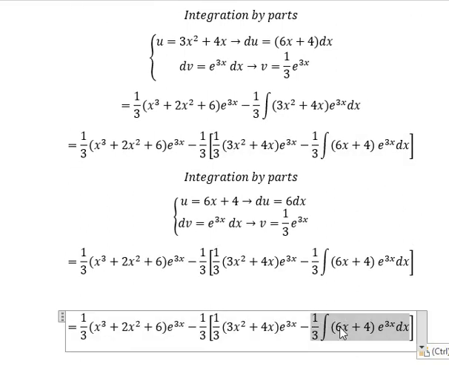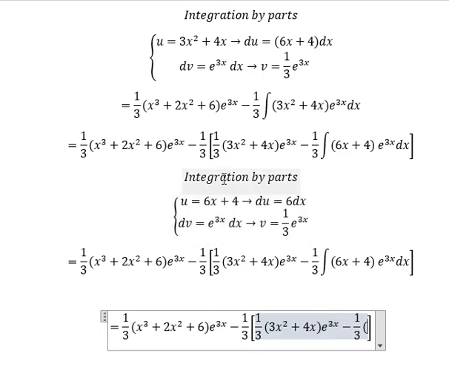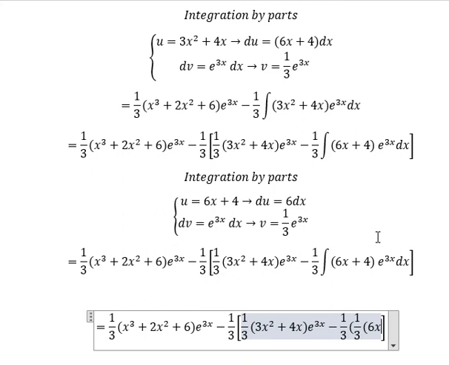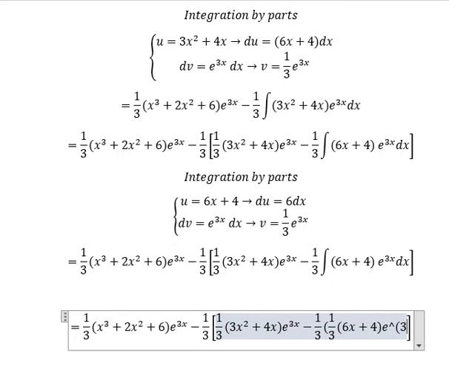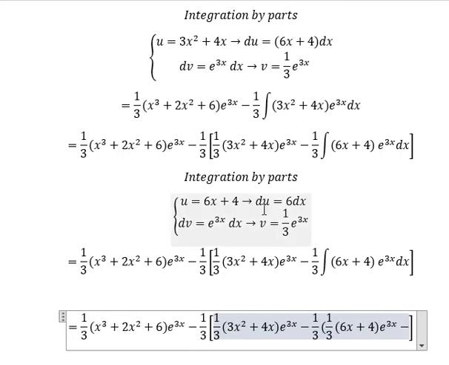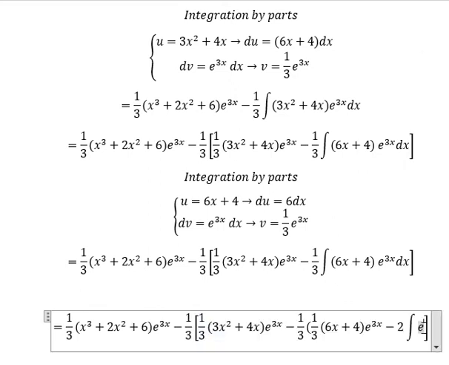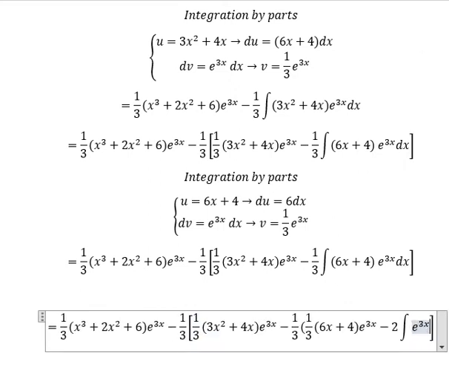So for this one, we will have u multiplied by v, minus u multiplied by v, so we have number 6 divided by 3, so you have number 2, and we have the integration of e to the power of 3s ds.